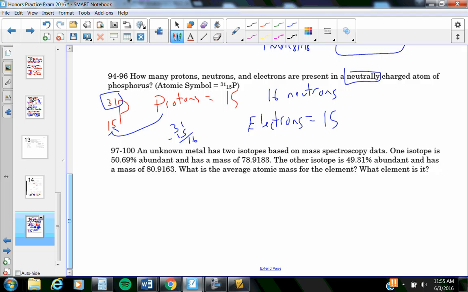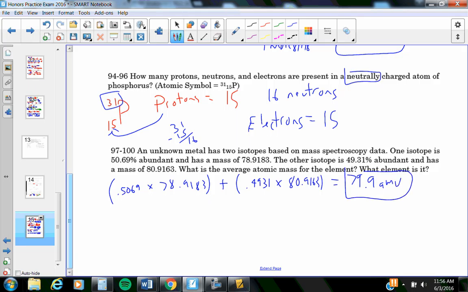If 50.69%, or 0.5069 when you write it as a decimal, is 78.9183, and the other 49.31%, or 0.4931 when you write it as a decimal, is 80.9163. When you put that into parentheses carefully, you're going to get 79.9 AMU. That is the atomic mass for the element, and so therefore it has to be bromine.